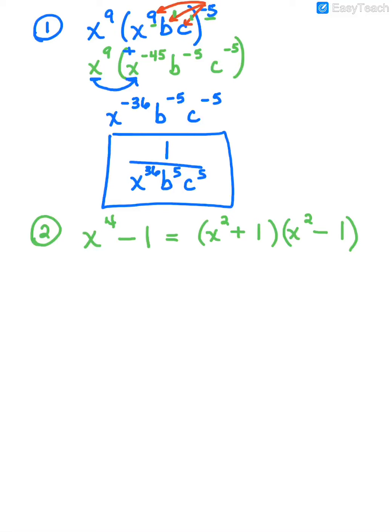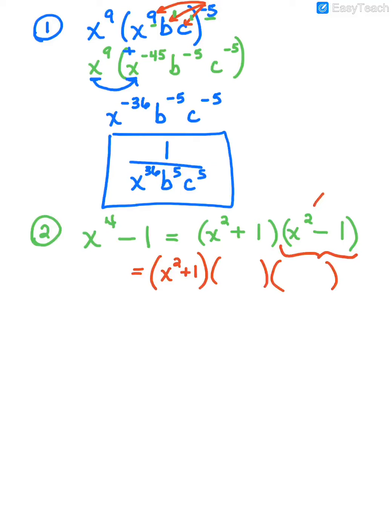Now, the problem is that's where most students stopped. And they did not realize that this factor can be factored again. It is also a difference of squares. So the x squared plus 1, that's as far as we can factor it. But the x squared minus 1 can also be broken down into what we call conjugates.